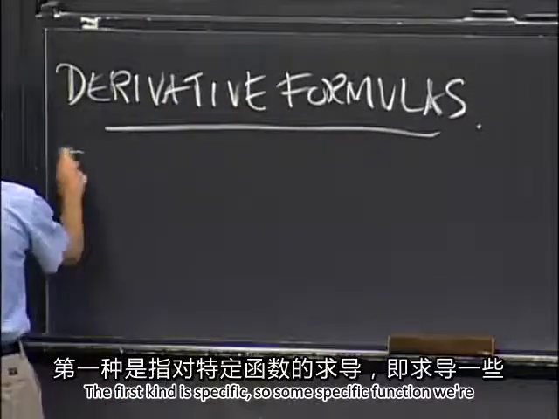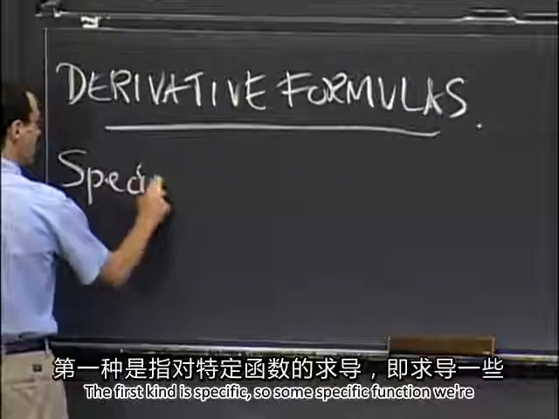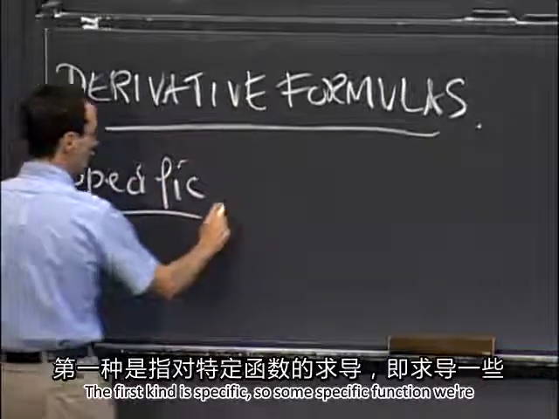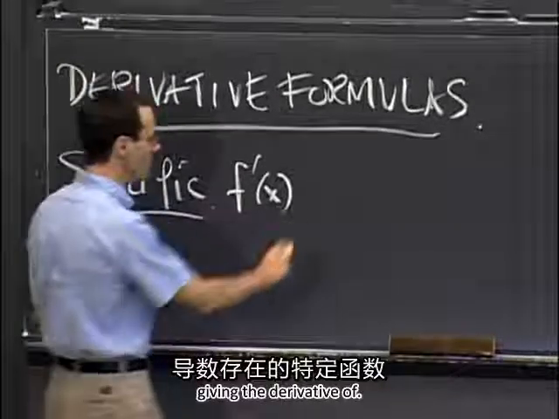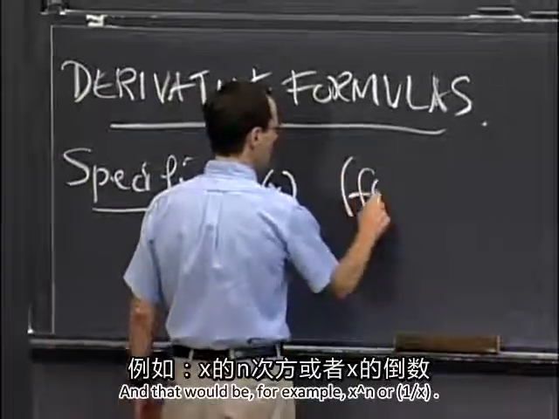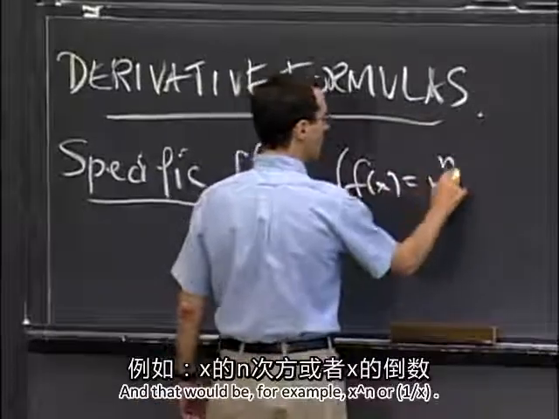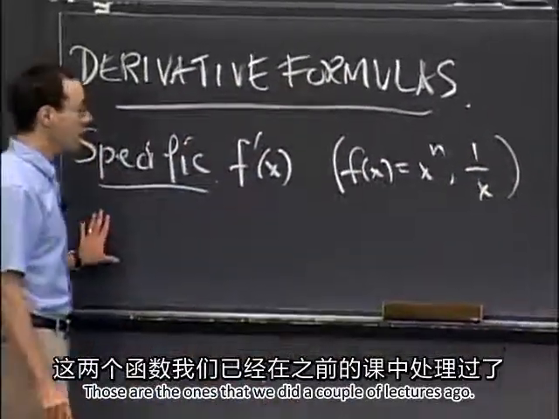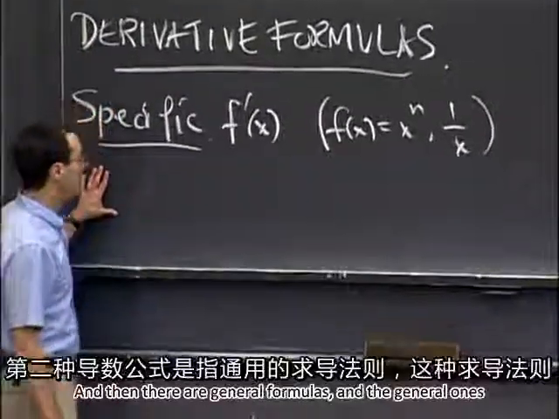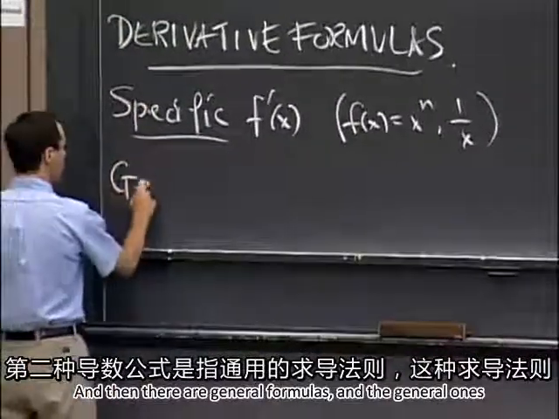The first kind is specific. So some specific function we're giving the derivative of, and that would be, for example, x to the n or 1 over x. Those are the ones that we did a couple of lectures ago. And then there are general formulas.